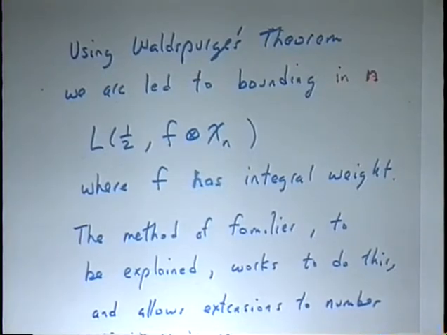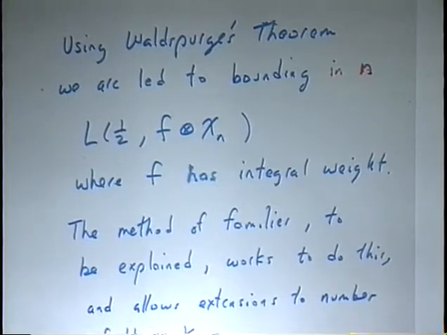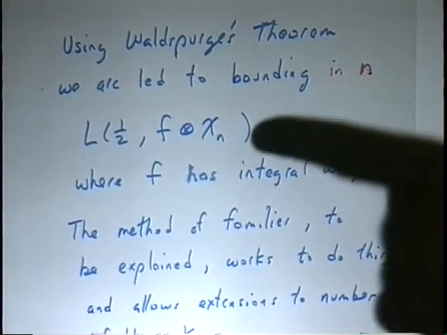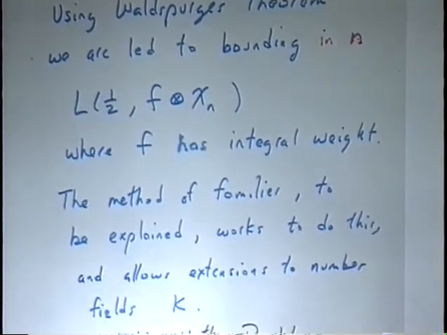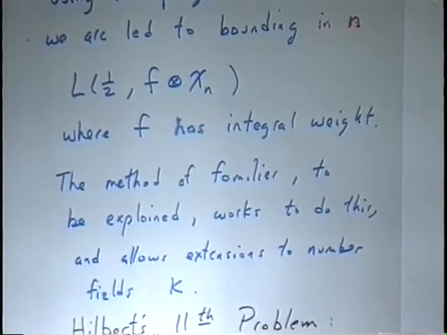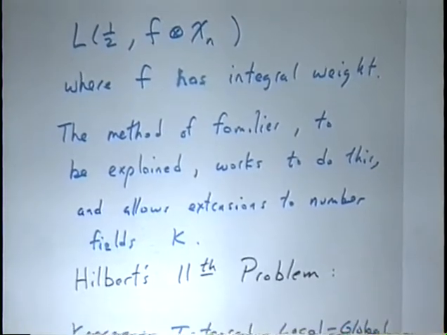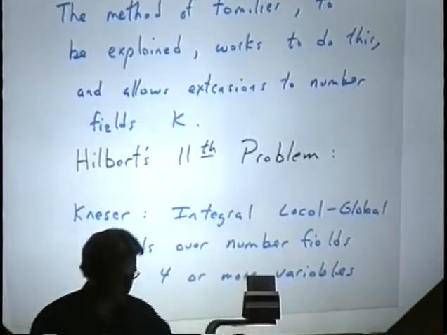So f is an integral weight modular form twisted by a Dirichlet character, but it comes down to estimating once again in terms of n, where chi of n is the same Dirichlet character. So it's L1 of chi of n, and at the central point, it's L of a twisted cusp form of weight 2 at the central point. And so the method of families has evolved to give estimates for this type of L function special value.